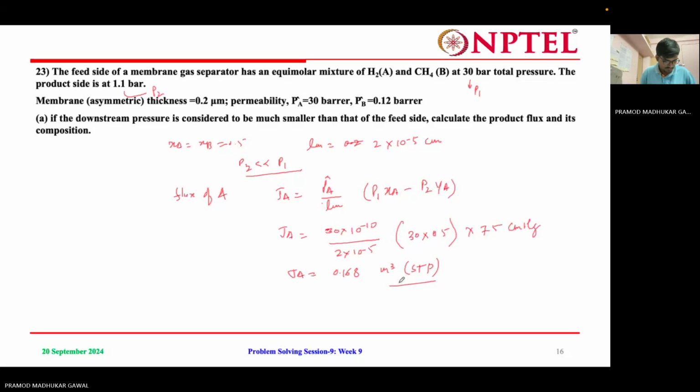divided by centimeter square into second.